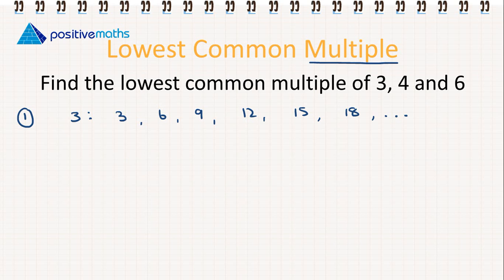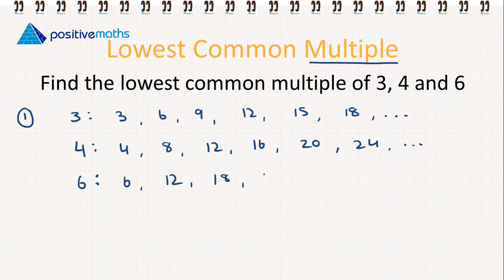We may need to fill in a few more numbers, but that should be enough. For 4, we have 4, 8, 12, 16, 20, 24. And for 6, we have 6, 12, 18, 24, 30, 36.